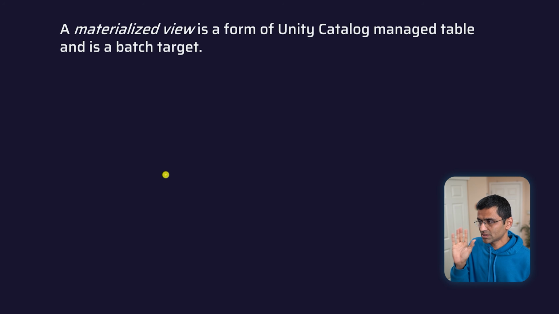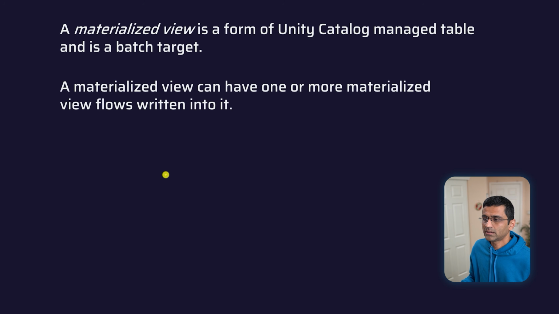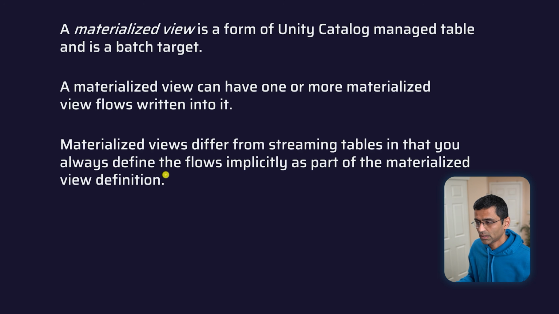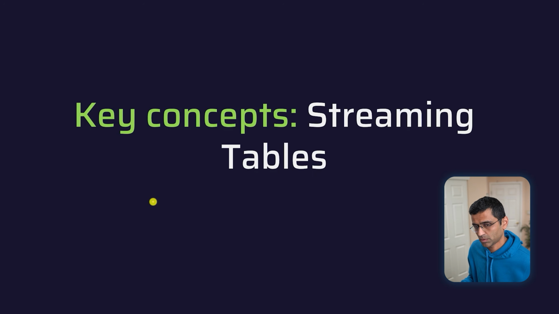Okay, so it's basically a managed table supported by Unity catalog, and it can have one or more materialized view flows written into it. So whenever you have materialized view, a materialized view flow will write to it. And it differs from streaming tables actually, in that you always define the flows implicitly as a part of the view definition itself. And that is what we did in the case of city dimension table.